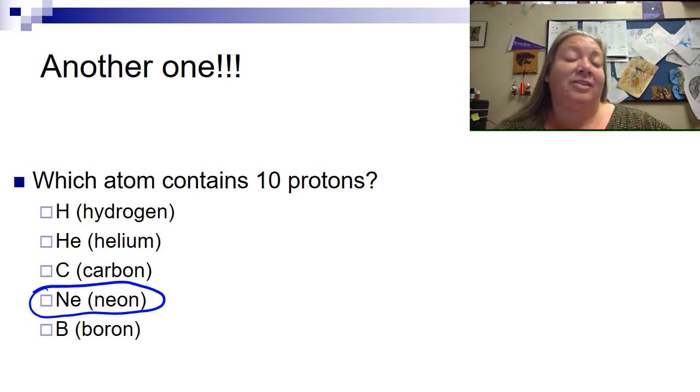Some of you may have selected boron because its average mass is closer to 10. Remember, that's mass, that's your protons plus your neutrons. We're just looking at protons in this case. We're looking for the top number on the periodic table, the bottom number on our shorthand to equal 10. That's going to be our neon.